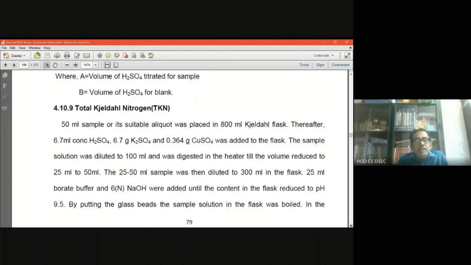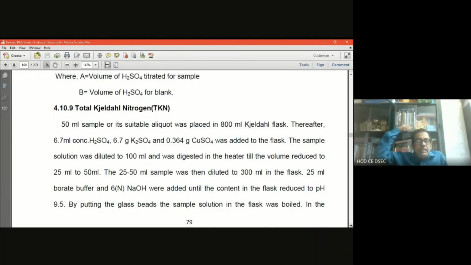The sample solution is then diluted to 100 ml and digested in the heater till the volume is reduced to 25 to 50 milliliter. And these 25 to 50 milliliter are again diluted to 300 milliliter. After that the process will be the same as we have done in the determination of the ammonia nitrogen.